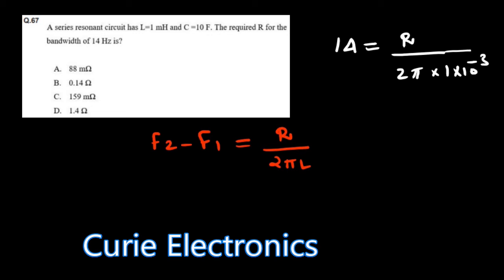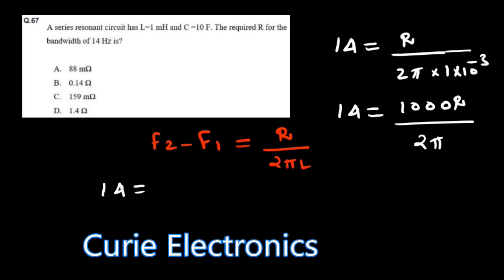So 14 stays, and this 10 to the power minus 3 goes up, so it becomes 1000 upon 2, 500 R equal to pi.